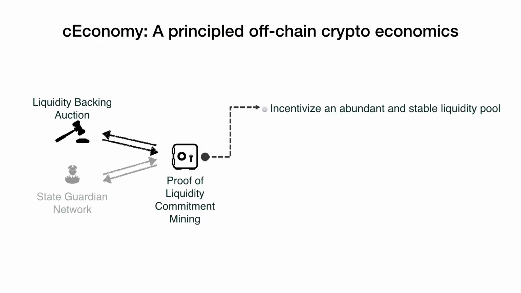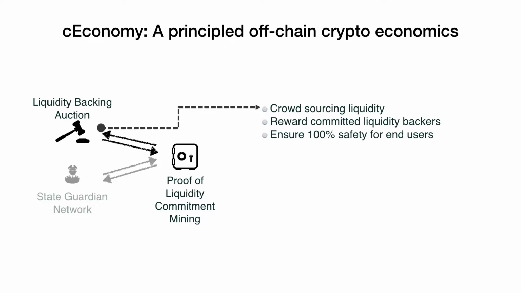Okay, so we use two components. One is called liquidity backing auction, another is proof of liquidity commitment mining, to incentivize an abundant and stable liquidity pool so that these off-chain service providers can tap into it whenever needed. That's the first purpose of our system. The liquidity backing auction is really crowdsourcing liquidity.